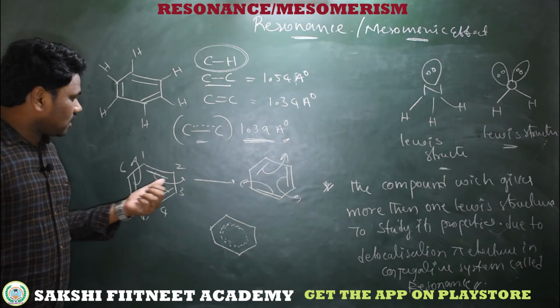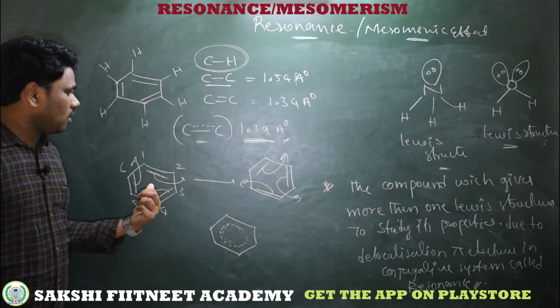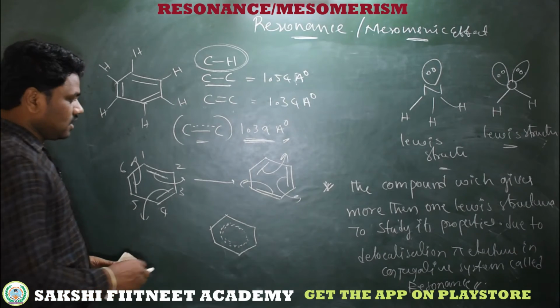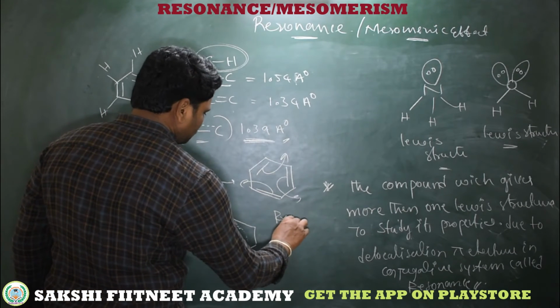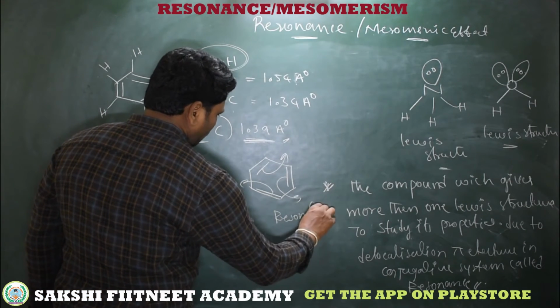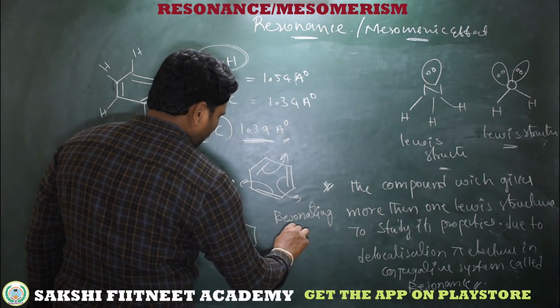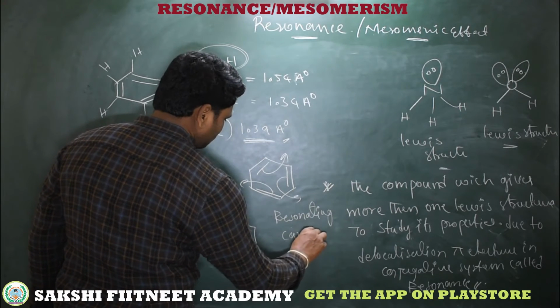So here the compounds which are obtained on shifting of pi electrons are called resonating structures, or canonical structures.